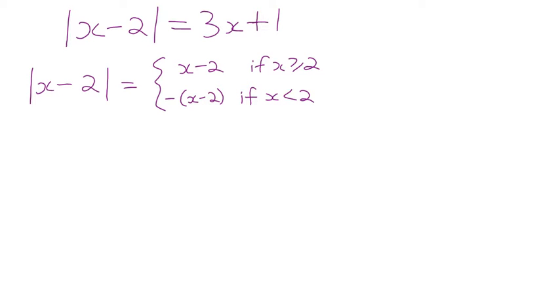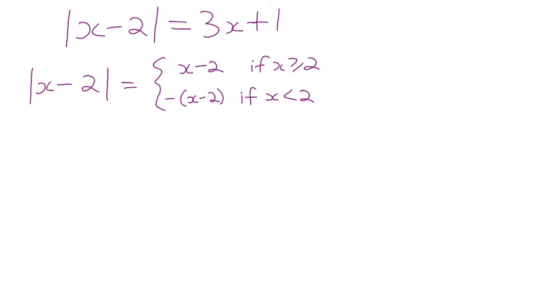If x is less than 2, let's say 1, then 1 minus 2 is negative 1, so I have to take the negative of that to make it positive. For the first one, it's not if x is greater than negative 2, it's got to be greater than positive 2. What makes this 0? The value x equals 2 makes this 0.